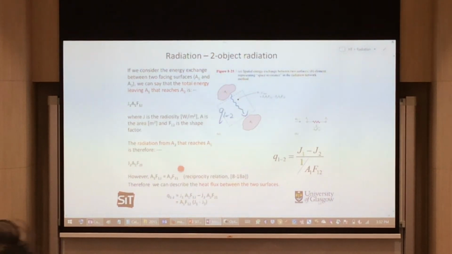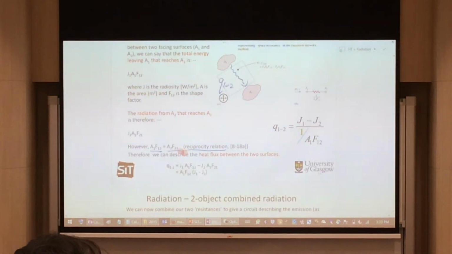And we have seen before that the shape factor from 1 to 2 is actually the same as 2 to 1. So that's why we have this reciprocity relationship that says that A1F12 is actually equal to A2F21.